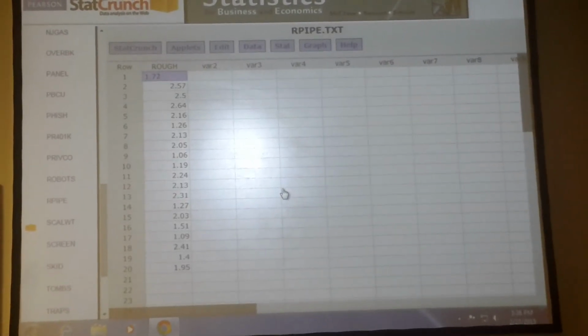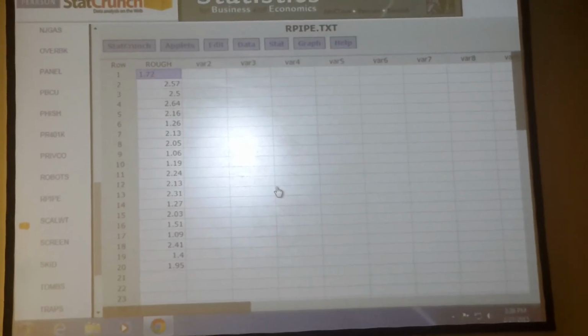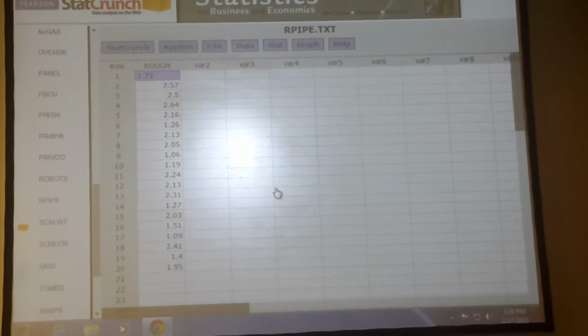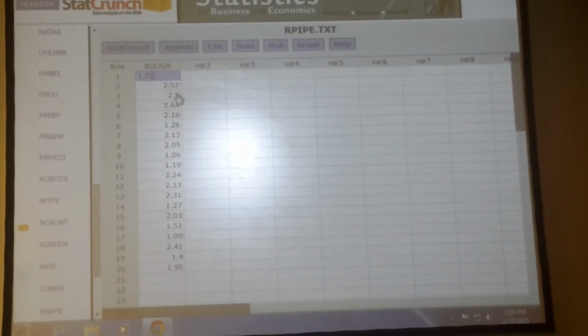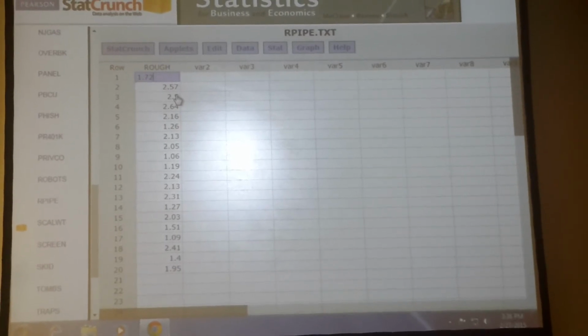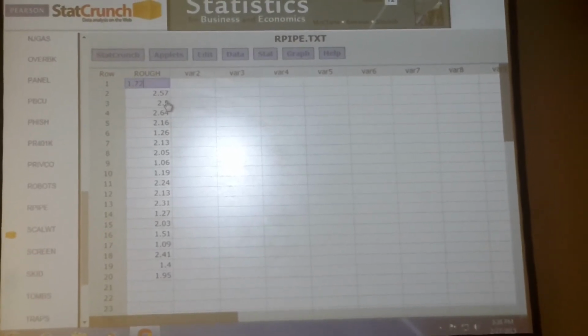This measured the roughness of different sections of metal pipe. And these values here represent microns that were measured as how much roughness there was on those different pipe sections.